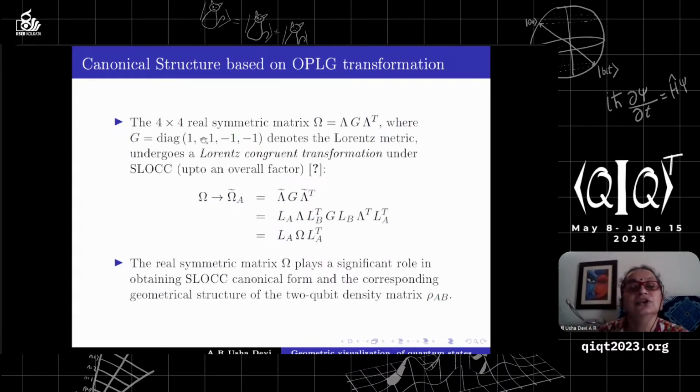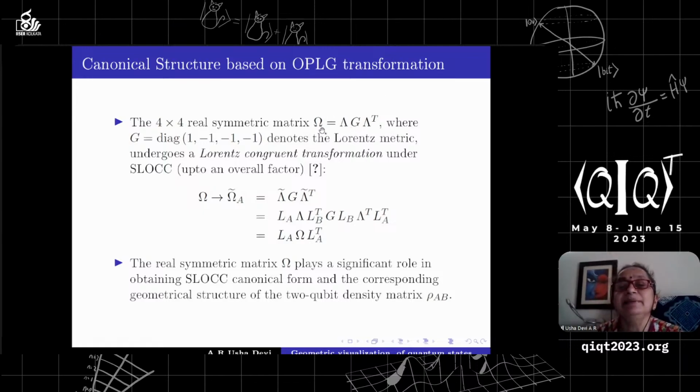a structure. So now what we try to do is take lambda and construct a symmetric matrix, that is, lambda G lambda transpose, where G is the metric of the Minkowski space. That is, I am talking about a metric in a 3+1 dimensional Minkowski space. And I do know that L transpose G L equals G is the defining property of our Lorentz transformations.